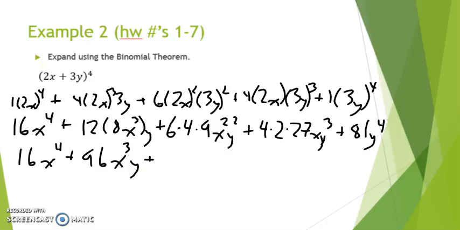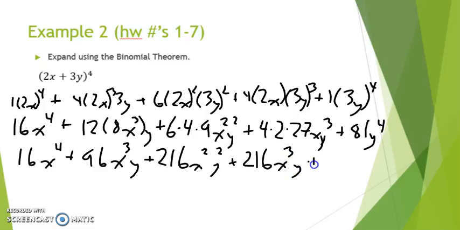For the next piece, we have 6 times 4, which is 24, and then we are multiplying that by 9, so we should get 216 x squared, y squared. And then 4 times 2 is 8, so 8 times 27 is also equal to 216. And the last piece is already done, 81y to the fourth. So there is our expanded polynomial.